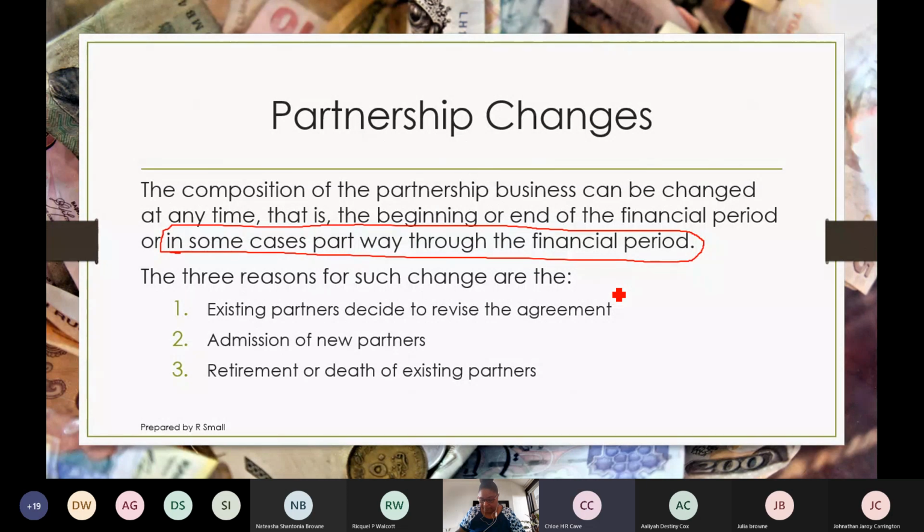Yes, go ahead. Say, for instance, one of the partners died. Like, say, for instance, me, Julia, and Jonathan. Say that I die, but I want to give my share to my son or daughter. Does it still need to change?